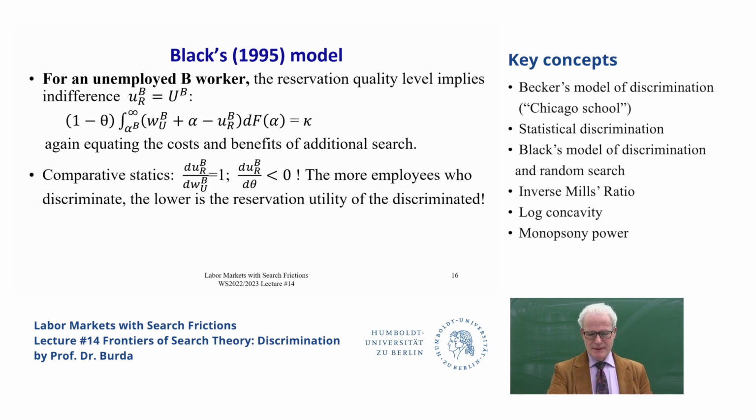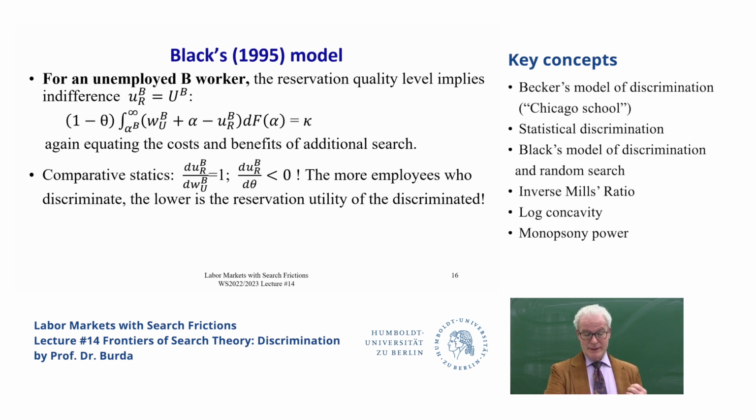Okay, so first off, it means that the employer is facing a less elastic supply of labor, in terms of acceptance probability, than in the case of the prejudiced firm.